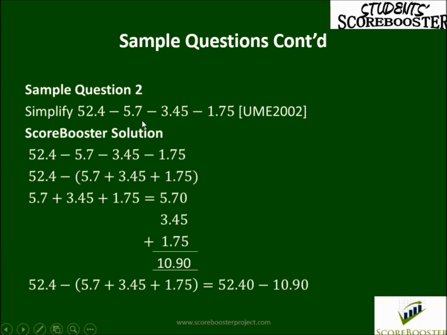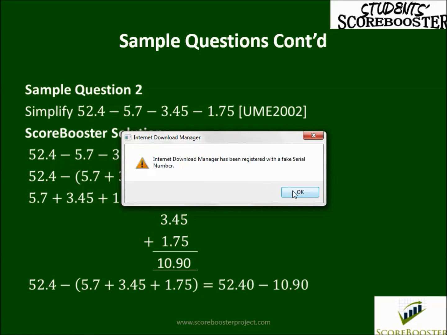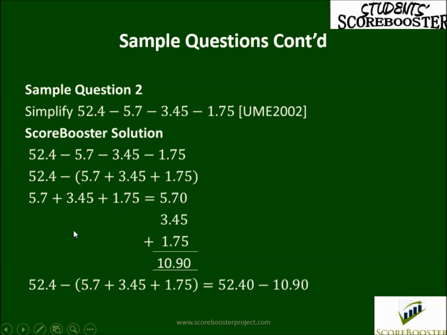Another example, simplify 52.4 minus 5.7 minus 3.45 minus 1.75. This question is from UME 2002, and the question has been rewritten here. Since minus 1 is common to the 3 numbers here, you could simply factorize to make the simplification easy.